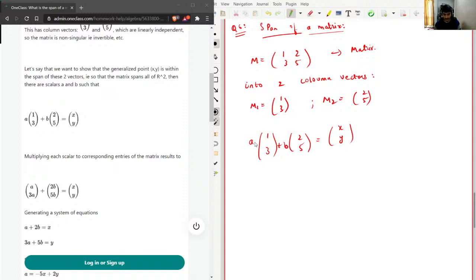This is a set of linear equations, so we can separate them: a plus 2b equals x, and 3a plus 5b equals y.